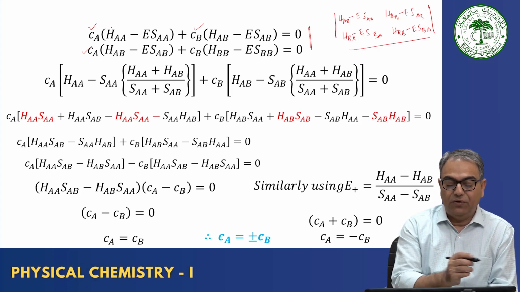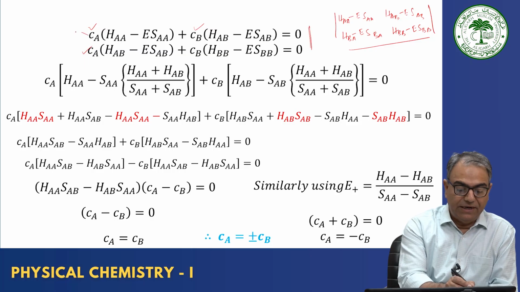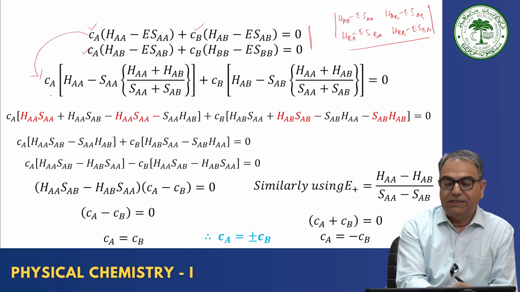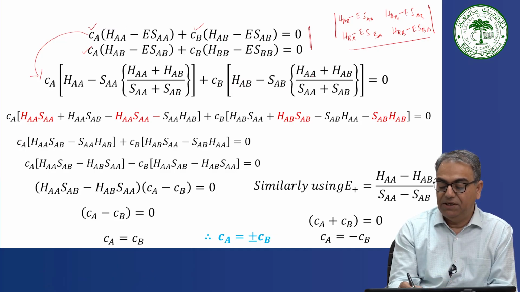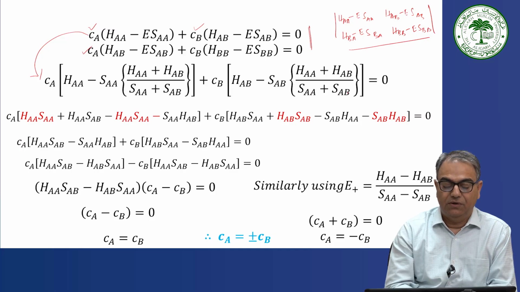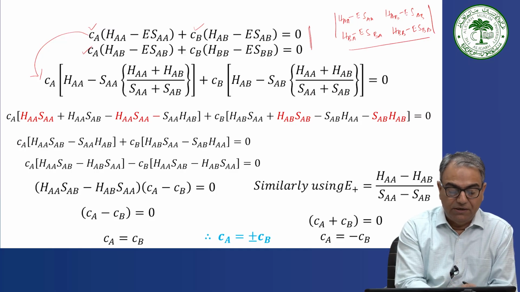If you look at the first equation, Ca HA remains the same, then SA is the same, and this is the energy value, HA plus HAB over SA plus SAB. Again you write Cb HAB, then minus SAB, HA plus HAB over SA plus SAB, is equal to 0. And if you solve this, what do you get?